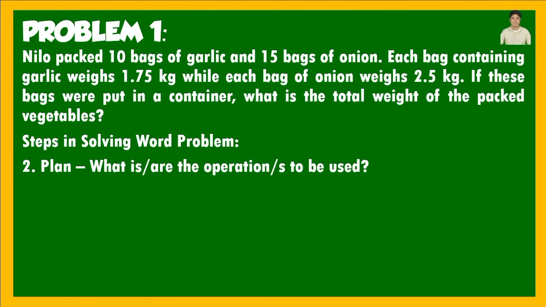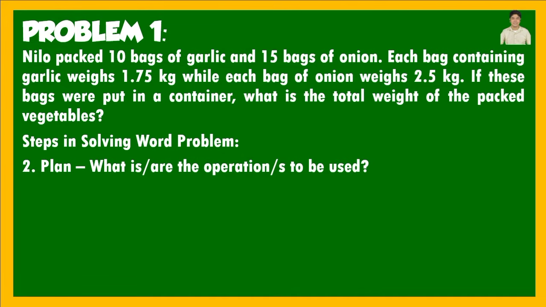Next step, plan. So, what is or are the operations to be used? So, para malaman natin kung gaano kabigat yung garlic, kailangan natin i-multiply yung kung ilang bags and then kung gaano kabigat ang isang bag ng garlic. Same with onions. So, yung 15 bags, i-multiply po natin sa weight ng isang bag which is 2.5 kilograms.